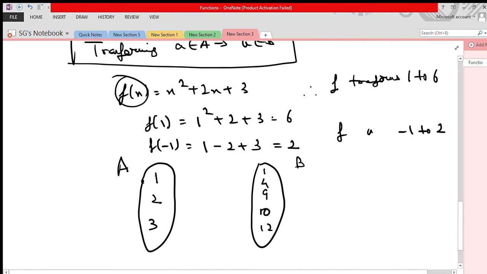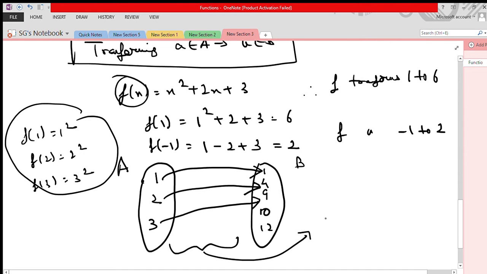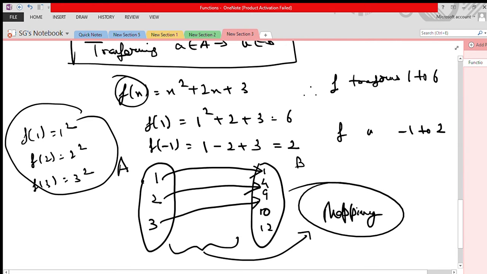So when we are getting f(1) = 1 square, f(2) = 2 square, f(3) = 3 square, we can map this input output system as 1 gets transformed to 1, 2 gets transformed to 4, 3 gets transformed to 9. So this particular representation is called the mapping. We are mapping the transformations. Are you guys clear what actually is the significance of functions?